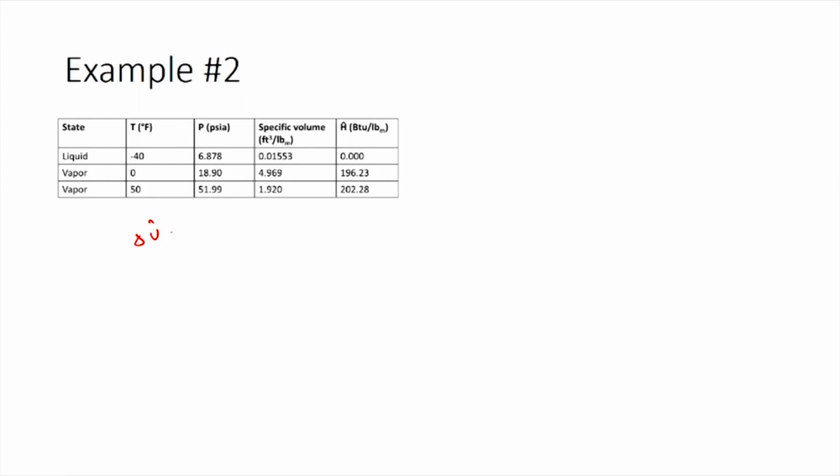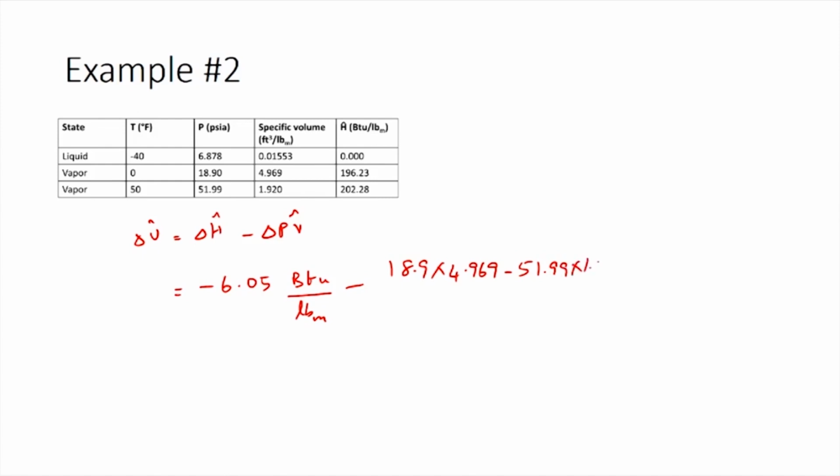So, delta U cap would be equal to delta H cap minus delta PV cap, which we wrote down as minus 6.05 BTU per pound mass minus 18.9 times 4.969 minus 51.99 times 1.920, the units being PSIA feet cube per pound mass.